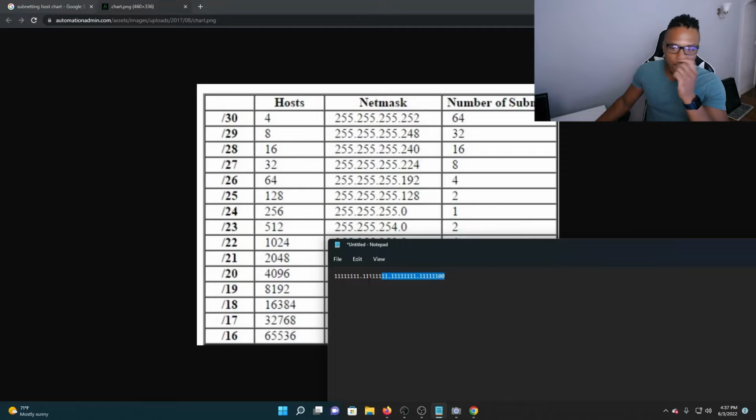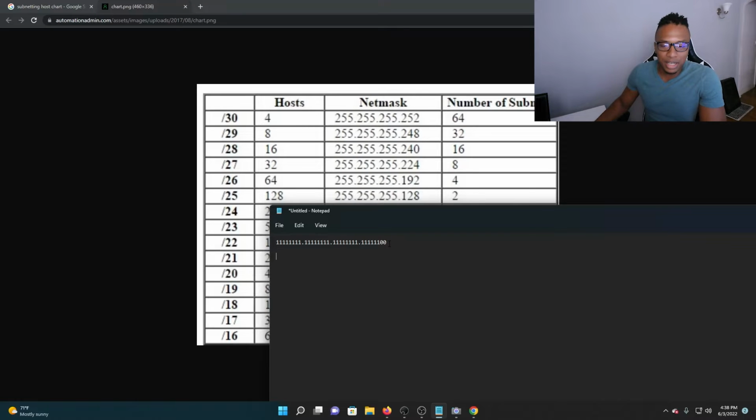If you don't know binary, an IP address pretty much is 4 octets. Each octet is 8 bits. This is the octet, and each of these is 1 bit. So yeah, it's pretty simple. I don't want to go over it too much because you should know that already, but if you don't, there's plenty of good binary videos.